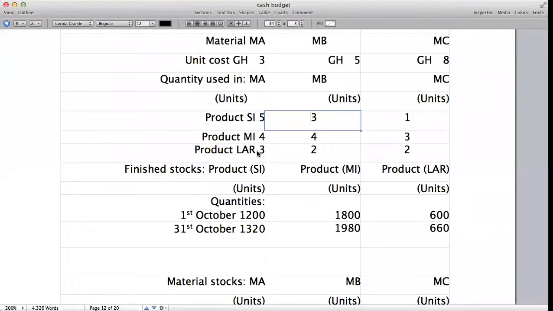Good. So that's the product. Always make sure that you know the difference between the product and the raw material. So take notes. I'll have 5, 3, 1. Then I have 4, 4, 3.